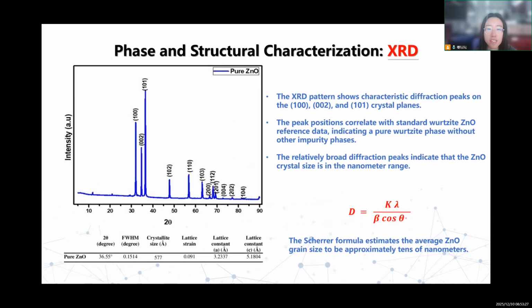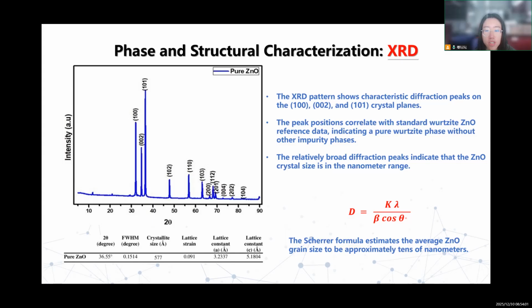And then is the phase and structure characterization, XRD. Analysis of the crystal structure always uses X-ray diffraction. We always say XRD. From the photo, we can know the XRD pattern shows characteristic diffraction peaks at the 100, 002, 101, and other crystal planes.